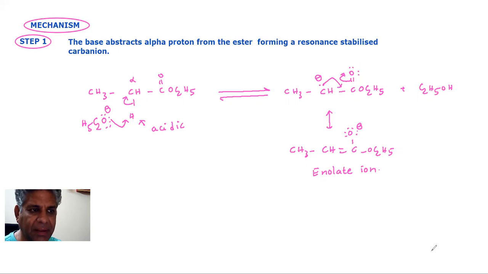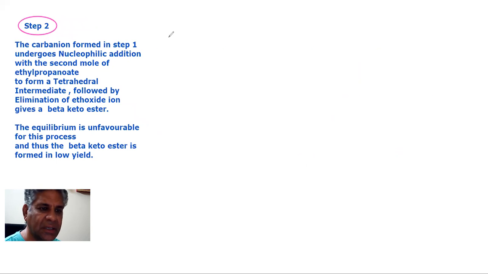In the next step, this is the second mole of your ethyl propanoate, CH3CH2C double bond O, OC2H5, plus you have your carbanion.